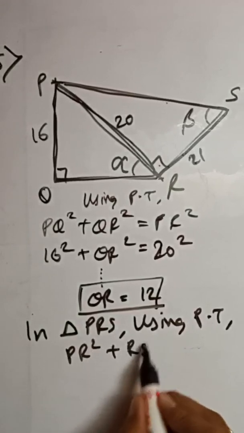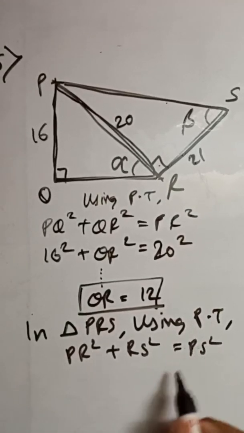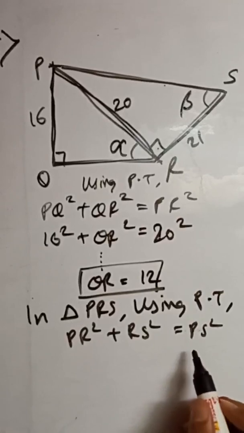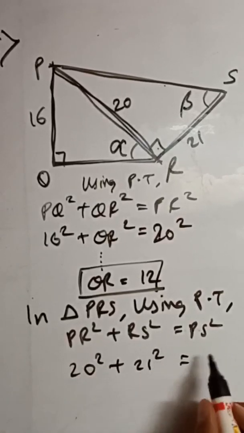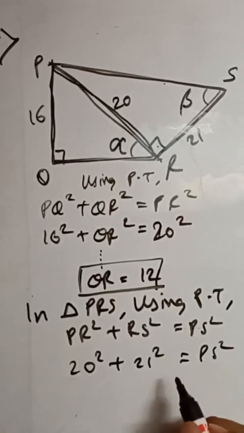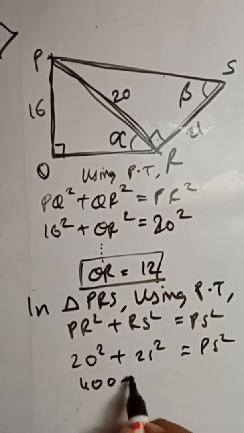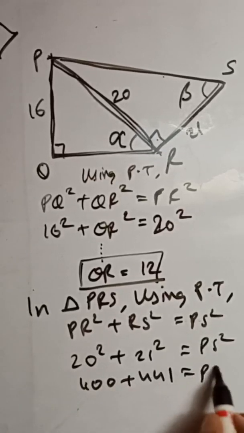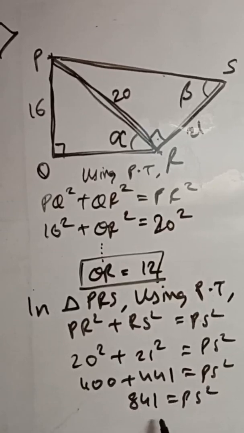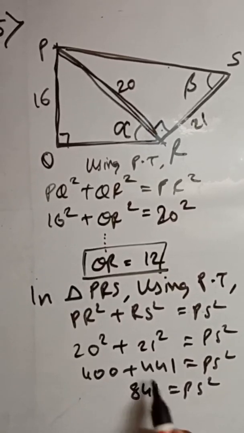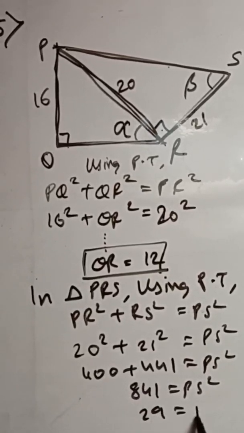PR square plus RS square equals PS square. So 20 square plus 21 square equals PS square. This will be 400 plus 441 equals PS square. That is 841 equals PS square. When you take the square root of 841, you will get 29.